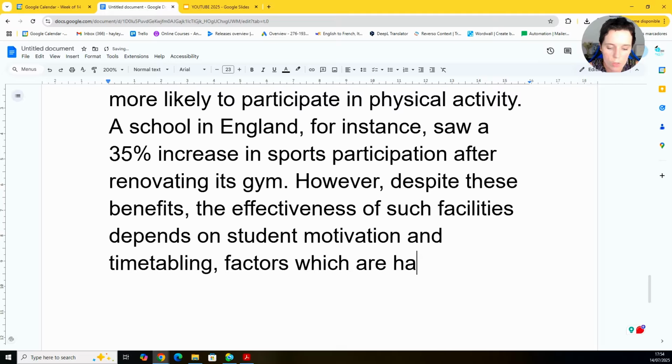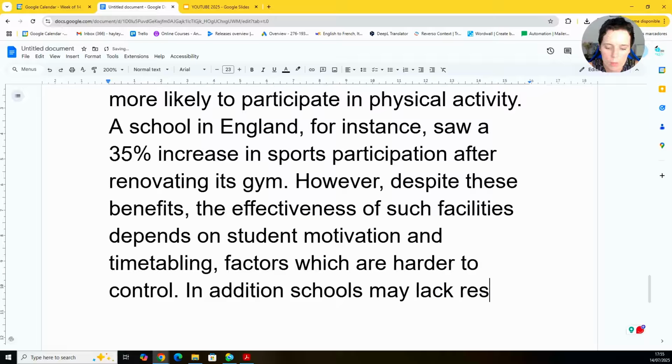Factors which are harder to control. In addition, this is getting a bit long, but in addition, schools may lack resources, financial resources, let's say, for renovation.